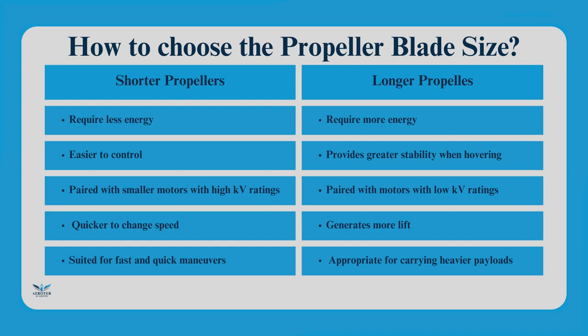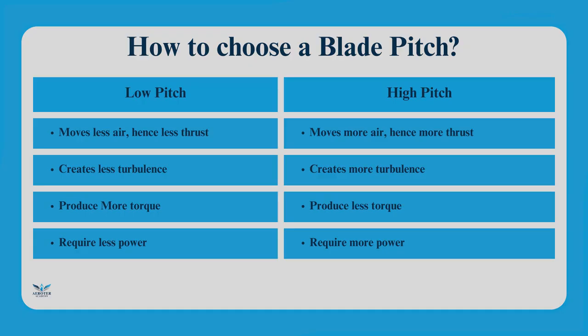Whereas longer propellers require more energy, provide greater stability when hovering, are paired with motors with low kV ratings, and generate more lift, appropriate for carrying heavier payloads. Pitch. Pitch is defined as the traveling distance for a single revolution of the propeller.